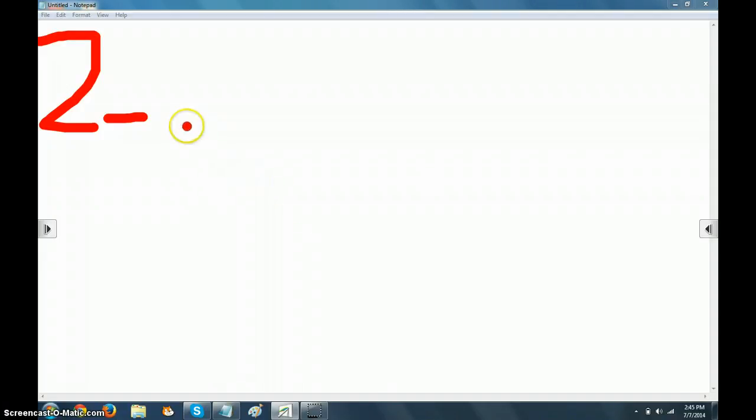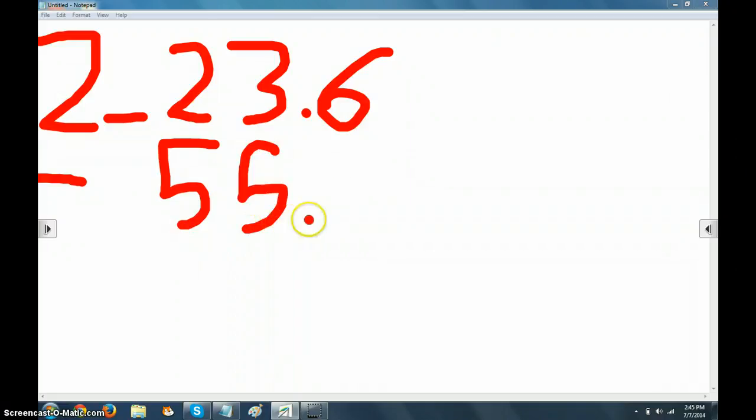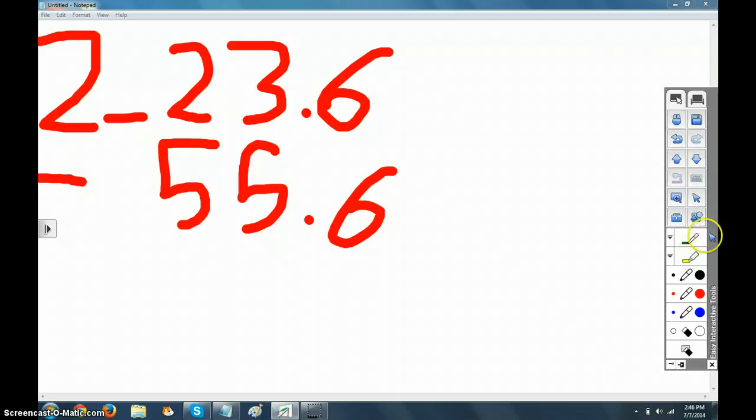Example number 2 says 23.6 minus 55.6. I know all of you are going to ask: if we subtract 6 by 6 it's going to be 0, right?